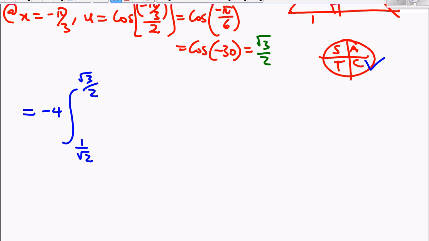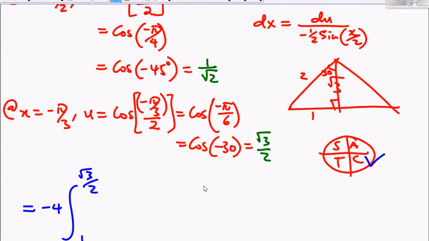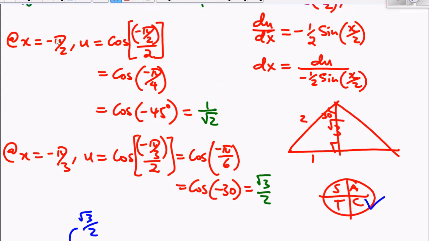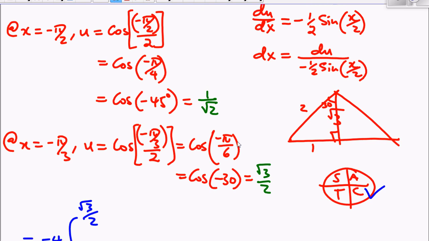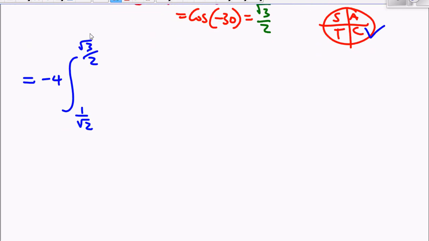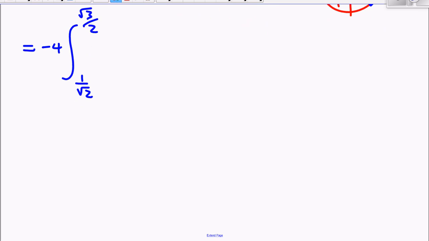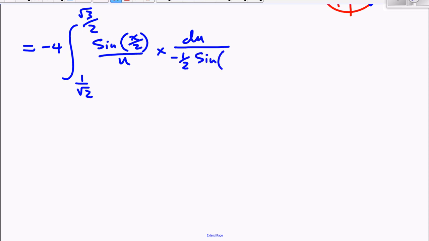Because at x equals negative pi over 2, I ended up with 1 over root 2. At x equals negative pi over 3, I ended up with that. So those are my new limits. And then plug in whatever I had. So sine x over 2 over u. Remember the substitution, dx is du over negative a half sine x over 2.